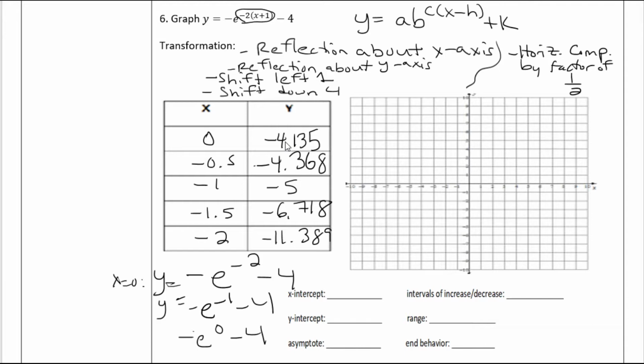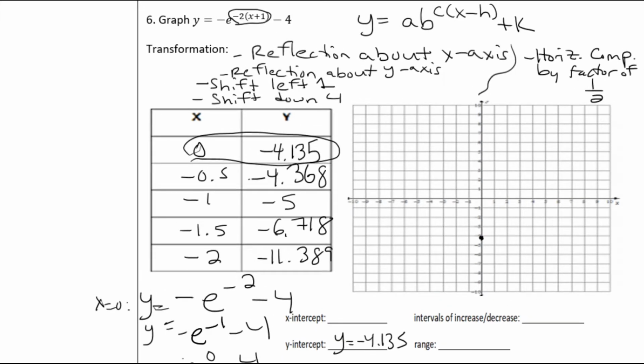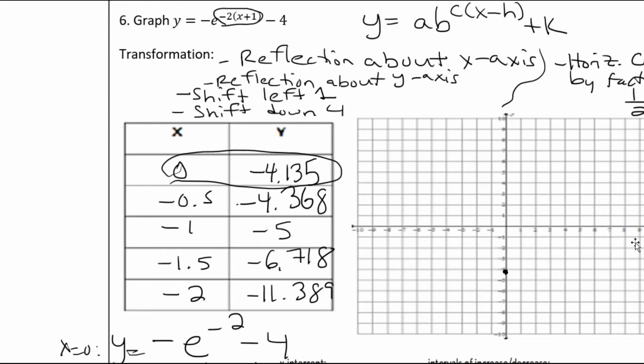All right, so now we can go ahead and plug it in. So 0, negative 4.135. So that looks like that's our y-intercept right here. This is our y-intercept. So I'm going to go ahead and put that in right now. All right, so now negative 4.135 around there. Then when we do negative 0.5, I'll try to zoom in on the graph for you guys just a little bit, that way you can see more or less where I'm at.